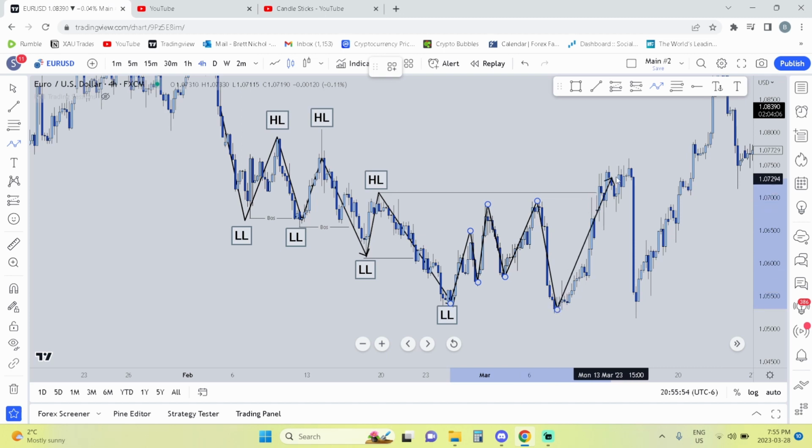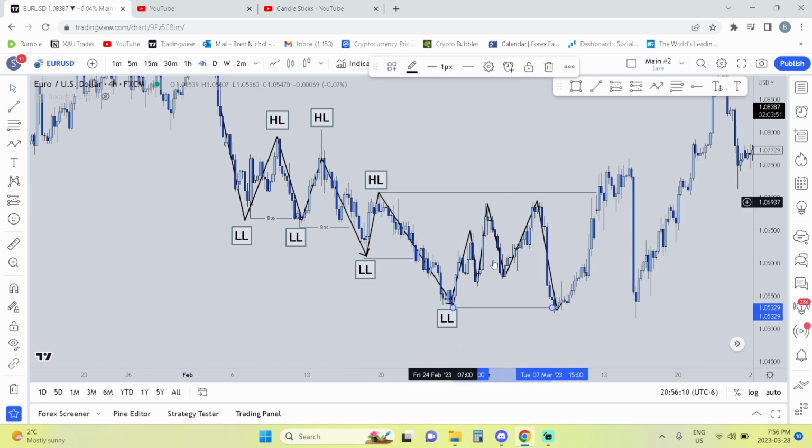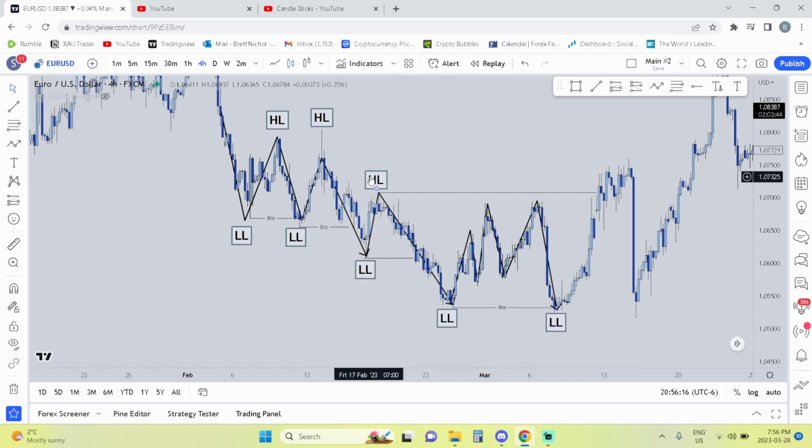So then market finally breaks the previous higher low, or wait a minute, does it break this point right here actually? Oh yeah, it does break it. So we get a new lower low right here, and this point becomes our new higher low.